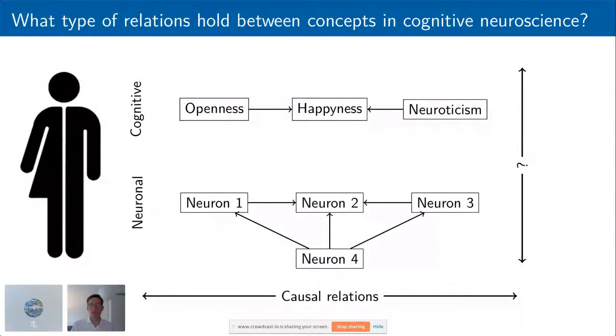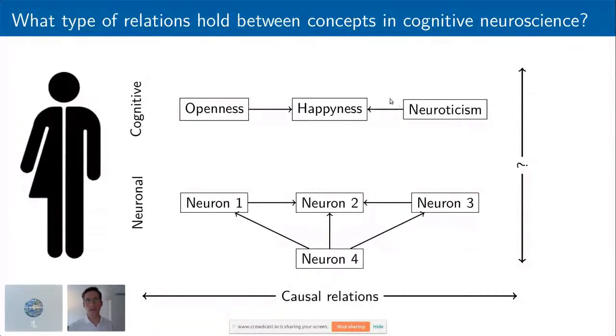Why would it not be possible to say some neuronal activity pattern causes openness or causes happiness? Of course, you could say that, but I don't really think that makes too much sense, because it would imply that happiness and neuronal activity patterns are separate things, that you can intervene on one or on both of them individually and separately. And I don't actually think that's what we want in cognitive neuroscience. I think we want a different type of relation.